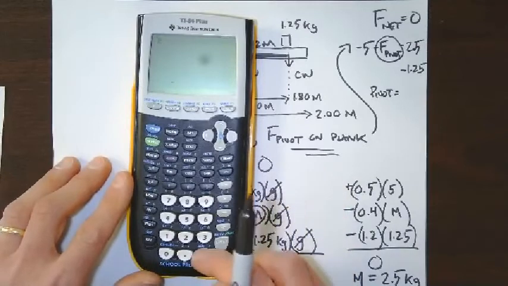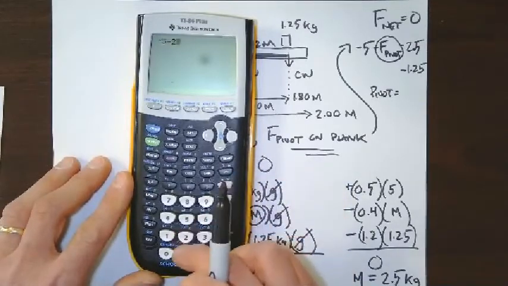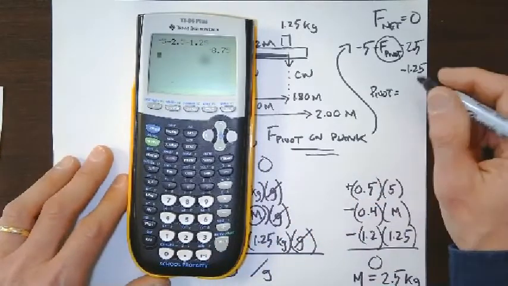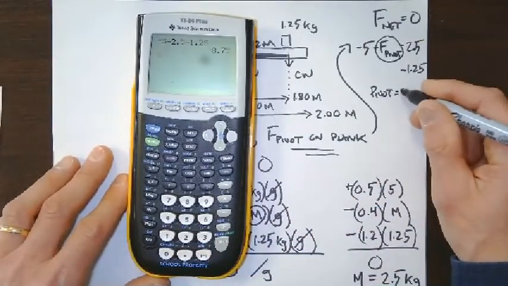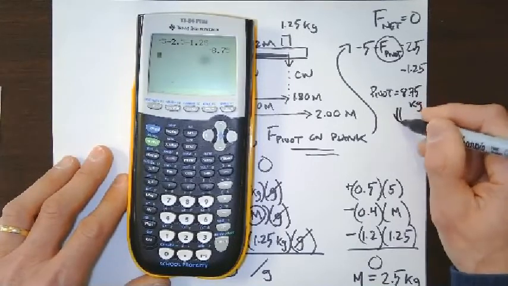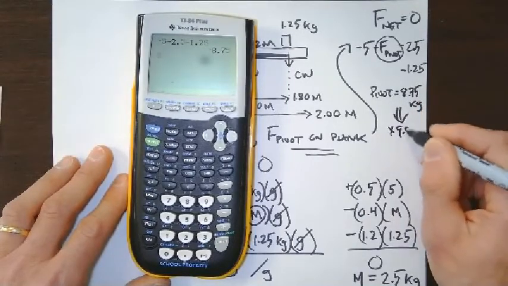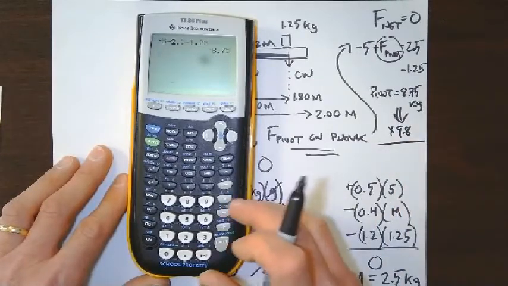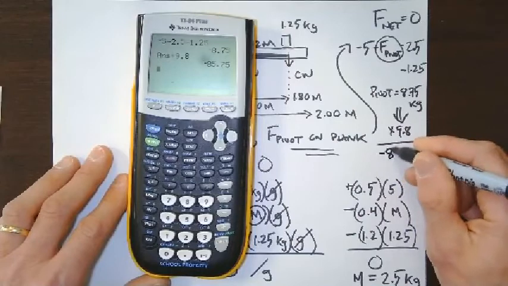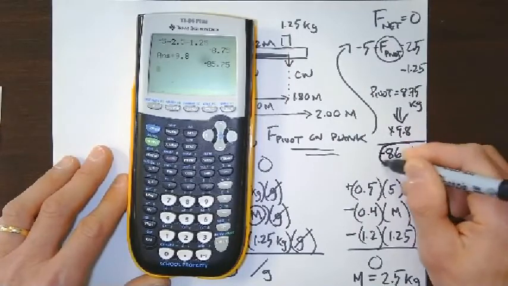We'll have negative 5, minus 2.5, minus 1.25. And so the pivot's going to be adding up to a mass of 8.75 kgs. And you multiply by 9.8 to convert it into a force. And you get about negative 86 or 86 newtons. Just call it 86 newtons.